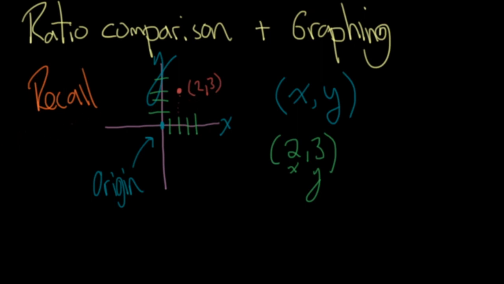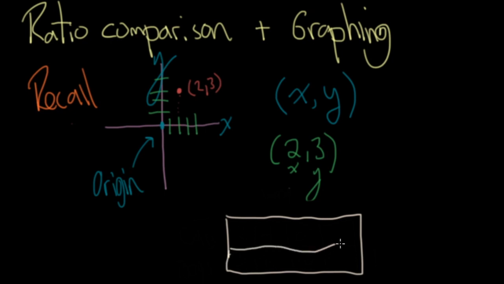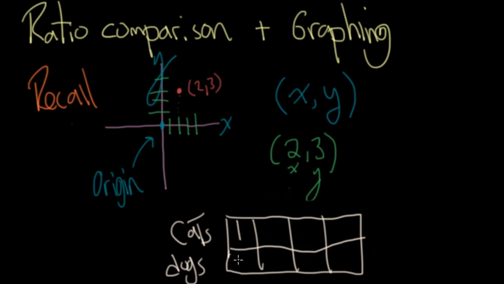And the other thing we're going to remember is ratio tables. So here's a quick little ratio table of, say, animals in a house. So we have cats and dogs. And we'll say for every 1 cat, there are 2 dogs.